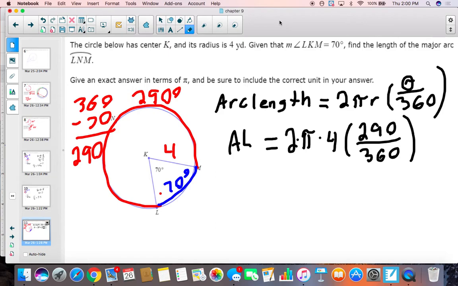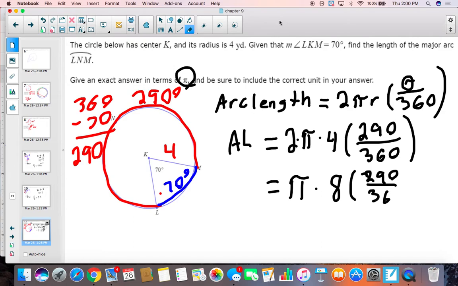Let's do some simplifying. And once again, it says to leave your exact answer in terms of pi. So let's forget about pi and leave it out front here. Pi times 8 times 290 divided by 360.